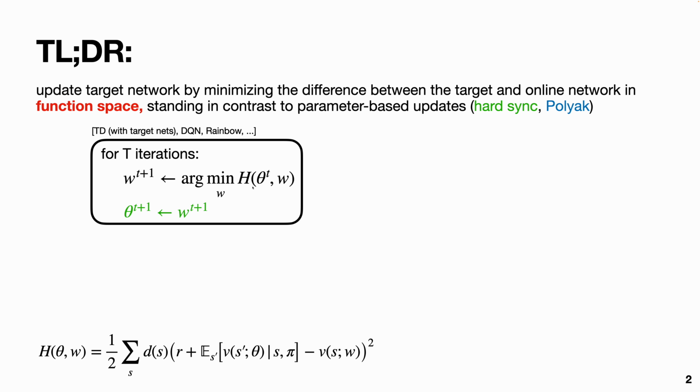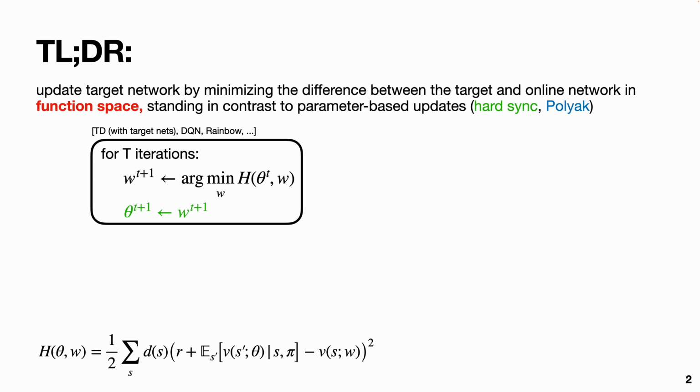So we minimize this function h over its second input, in this case w, and the function h is really some kind of Bellman error, in this case squared error, but could be slightly different. And we are decoupling the target and online network.